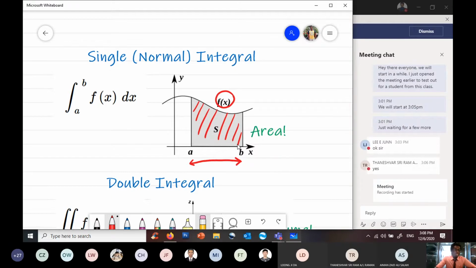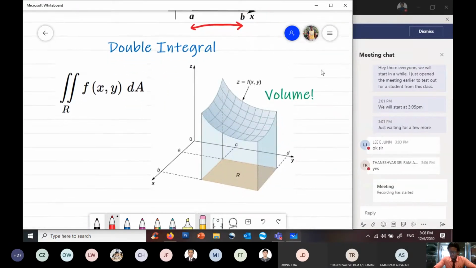But when we extend to, let's say, a double integral, why do we call it a double integral? Because now, simply, there are two integral signs. If you have a function which has x and y inside it, for example, 3x plus 2y, or x times y cubed, when it contains x and y at the same time, if you use some kind of software to plot it, it's going to be a three-dimensional object.